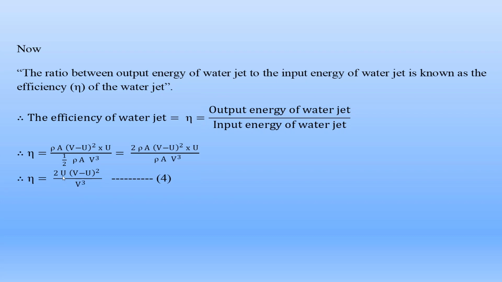What is that velocity u? The absolute velocity of the moving plate. So the efficiency of the water jet depends on the velocity u.